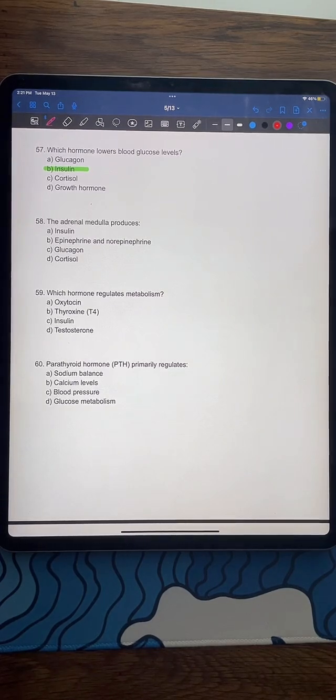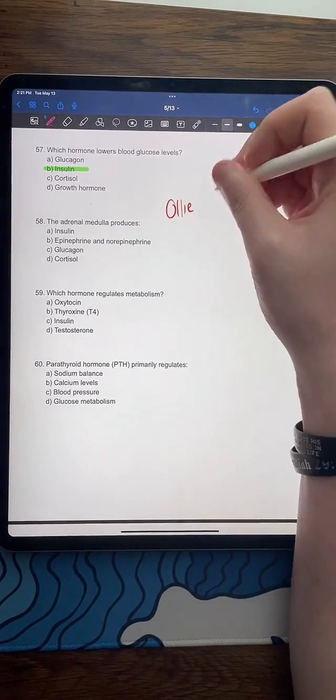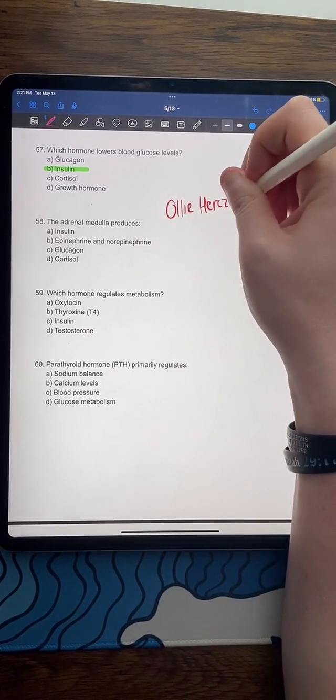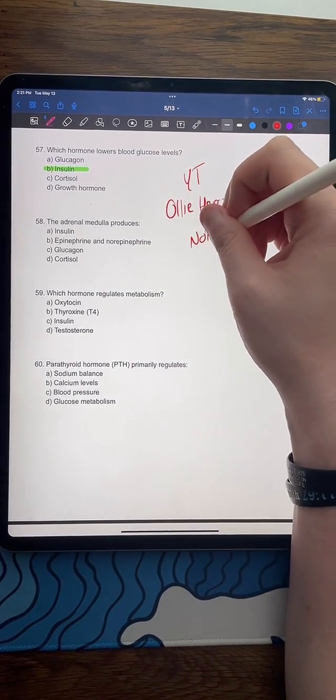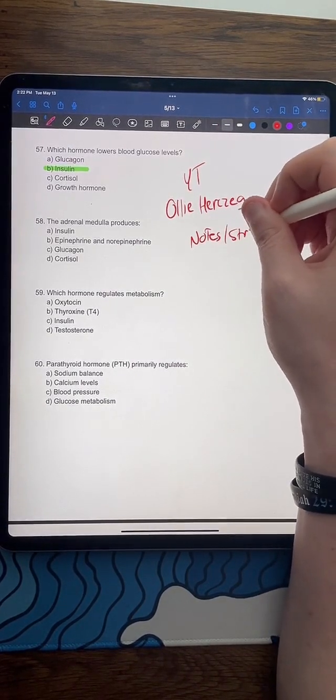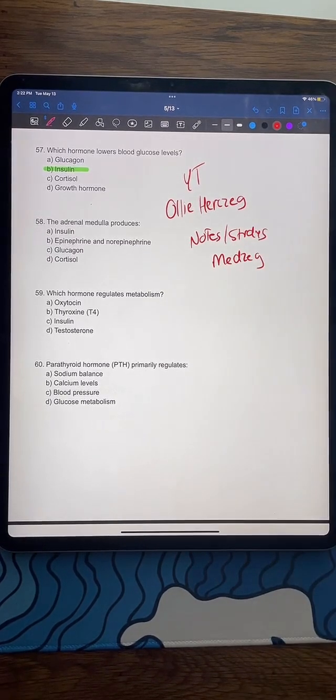Thank you so much, Carolina. Where can I find the videos when I miss the live streams? On YouTube. It's my name, Ollie Hertzog. It's linked in my TikTok bio as well. This is my YouTube. And then my notes and study guides are also on my website. It's called Medzeg. Thank you guys for the gifts. Appreciate you guys. You guys are awesome.